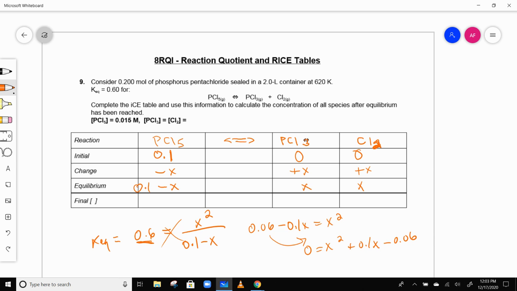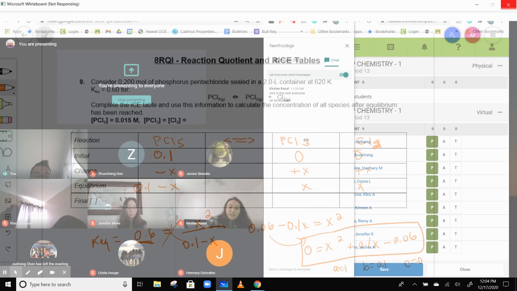And then now we have a quadratic equation, and we can use the quadratic formula to solve for x. So a here is 1, b is 0.1, and c is negative 0.06.